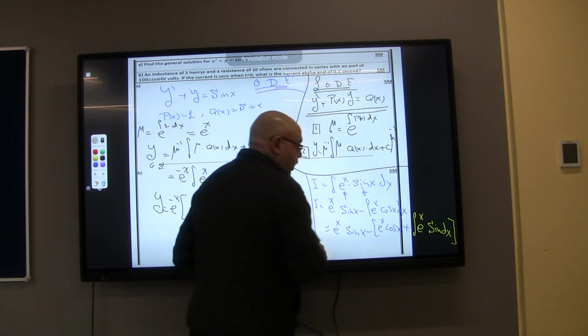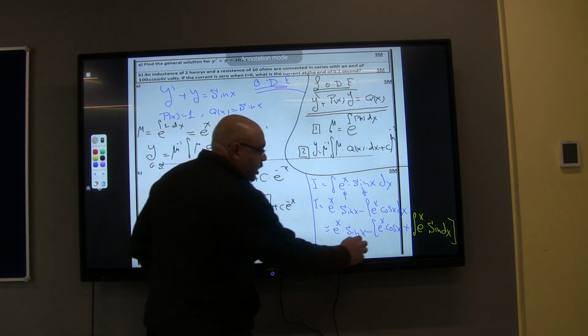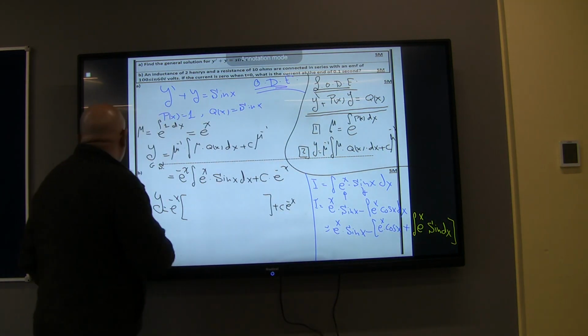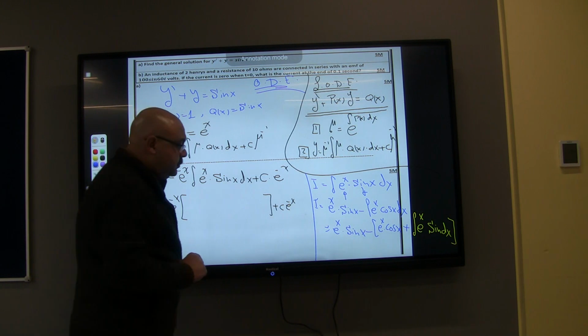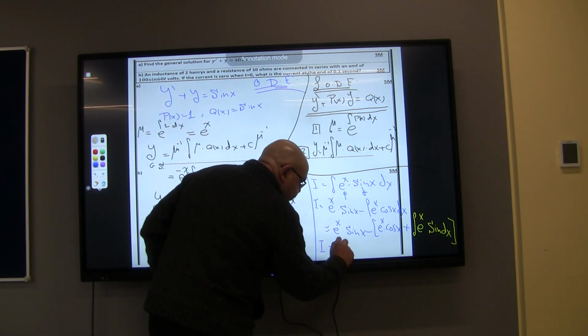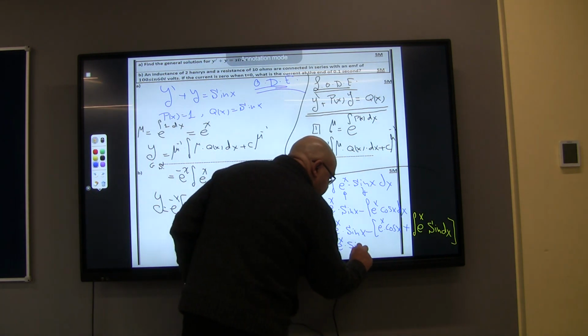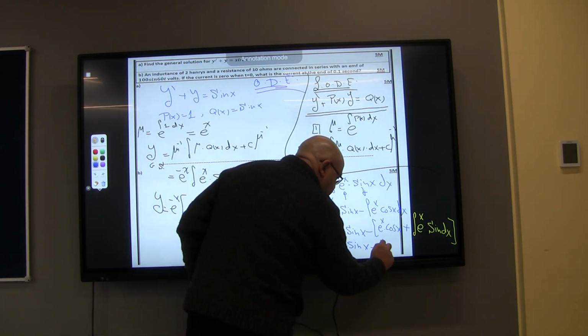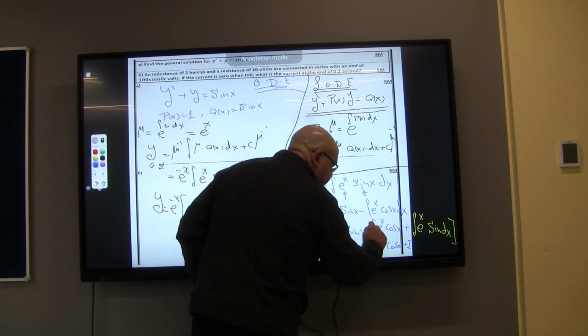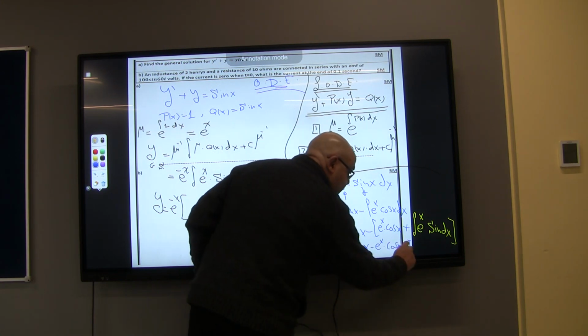Now, it's a good idea to change e power x sine x to be actually I. So in this step, we now have I equals e power x times sine x minus e power x times cosine x minus I. I'm sorry, my negative times positive is going to be negative.